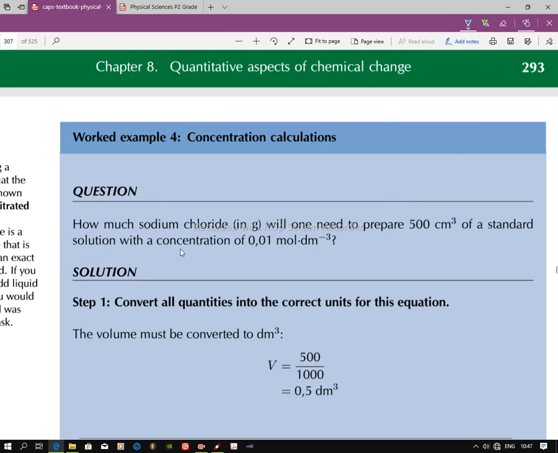Look at this statement. We are given the volume.